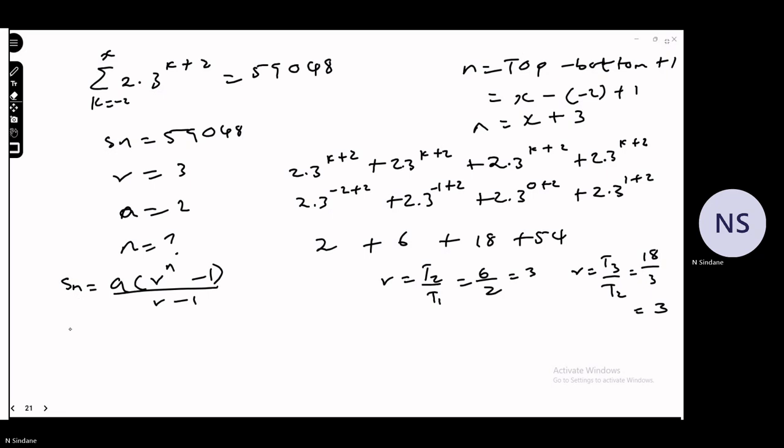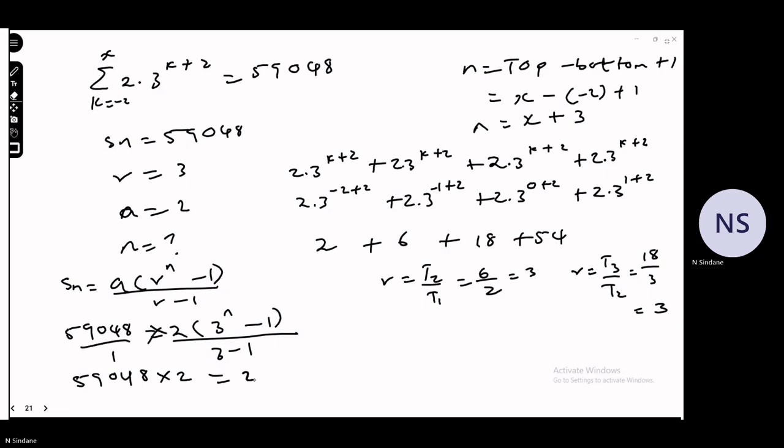Substituting, this is 59048 is equal to a is 2 into (r is 3 to the power n minus 1) divided by r is 3 minus 1. And then this will be 59048 multiplied by 2, which is 3 minus 1. I cross multiplied here.